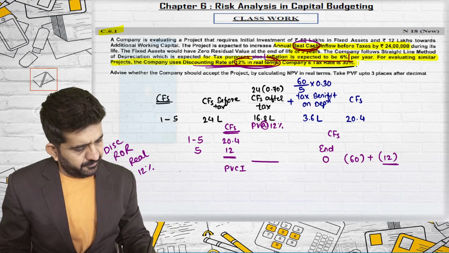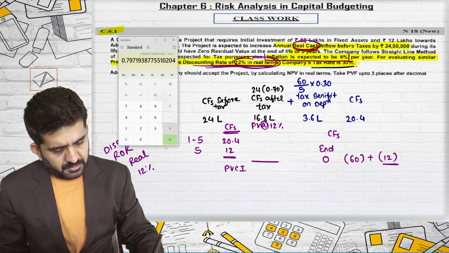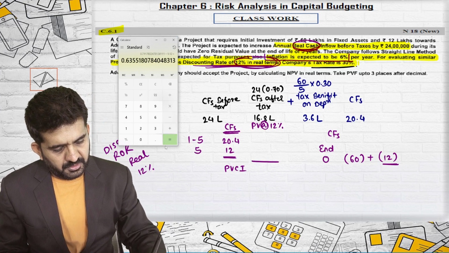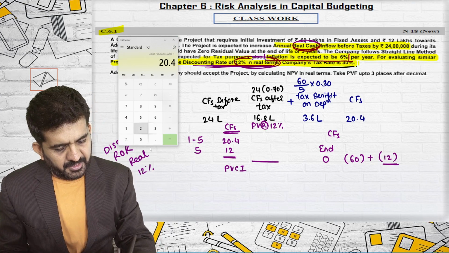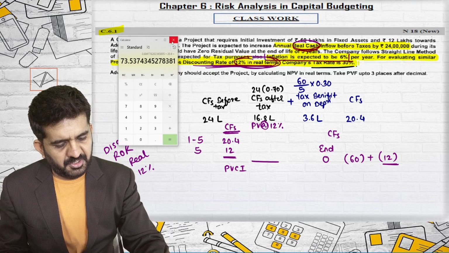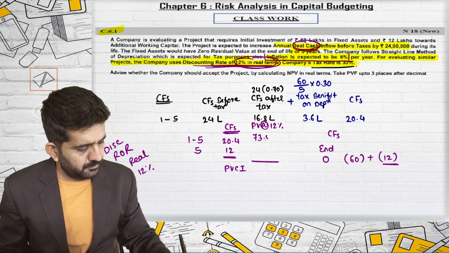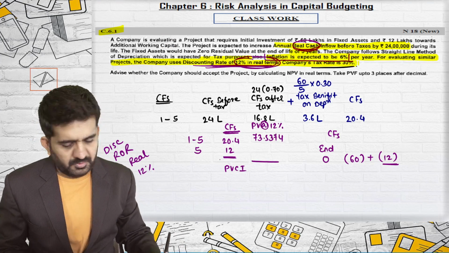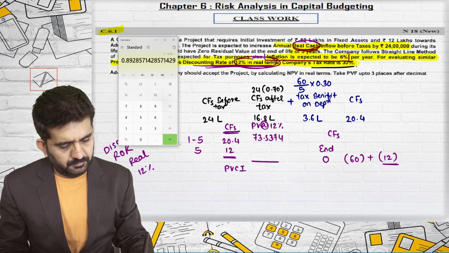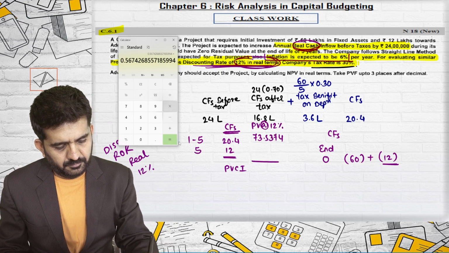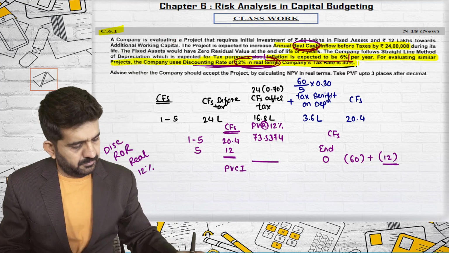It will be 1 divided by 1.12 to the power 1, 2, 3, 4, 5, multiplied by 20.4. It is 73.5374. This 12 lakhs rupees I'll have to find out separately. It is 6.8091.